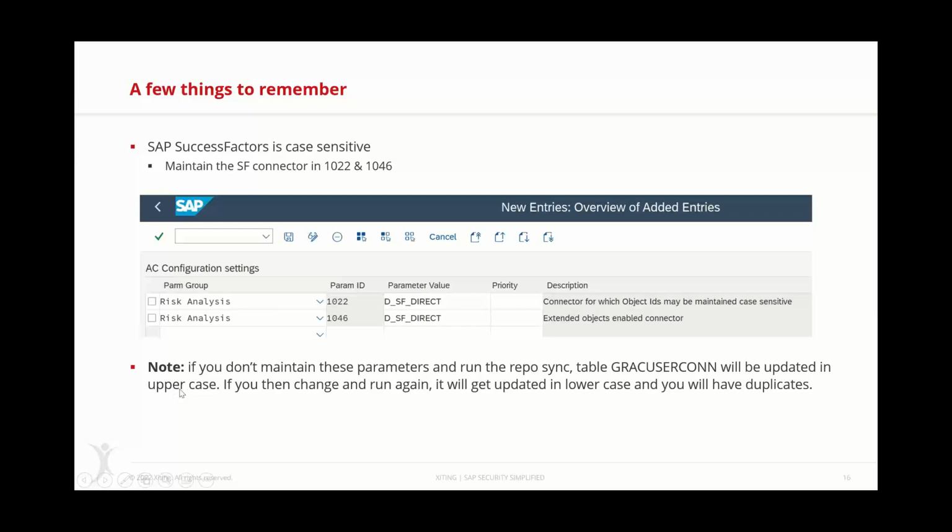Then I realize something is not working, and I go back and maintain these. What then happens is if I resync, it will maintain them in lower case, and then I might have duplicates.